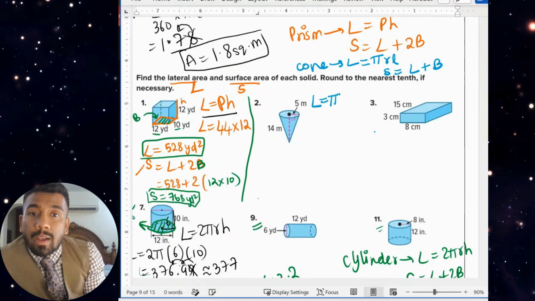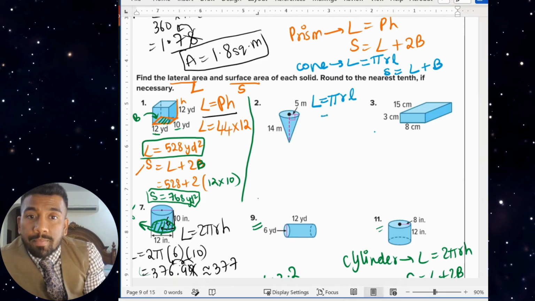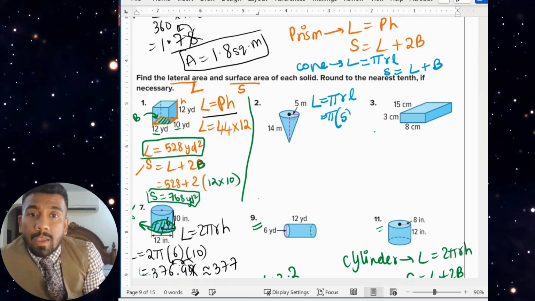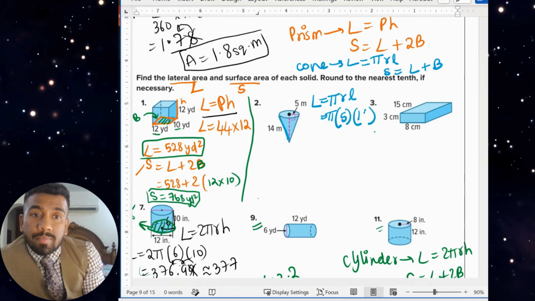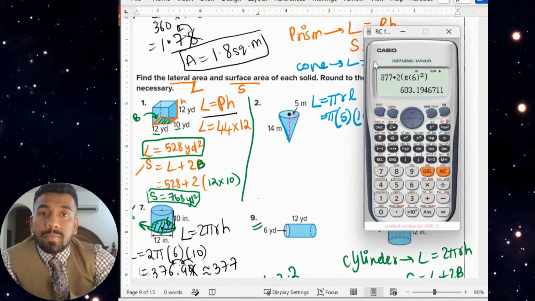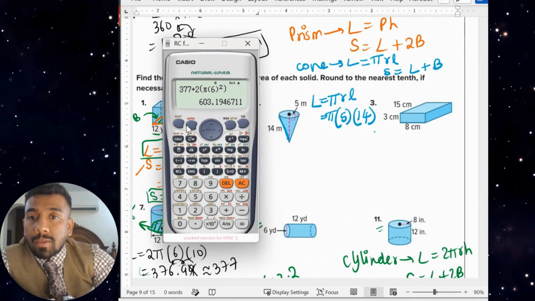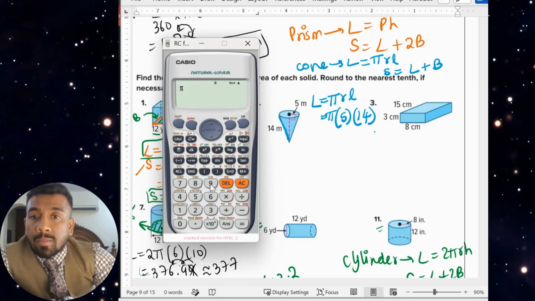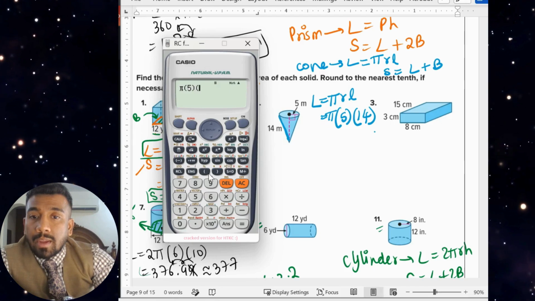Okay, so let's go with the formula. L is pi r l. Now r is the radius, that's 5. And l is the slant height. How much is the slant height given? 14. Put it in the calculator: pi times 5 times 14.